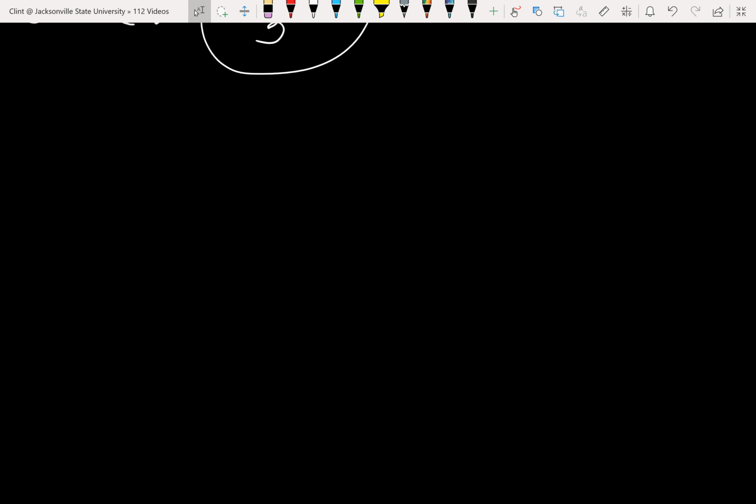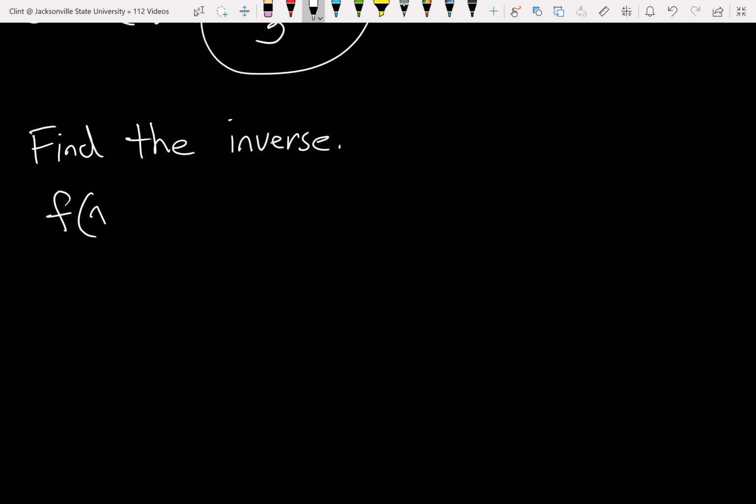We want to find the inverse. We're going to start with f of x equals x to the 5th minus 3 divided by 2.